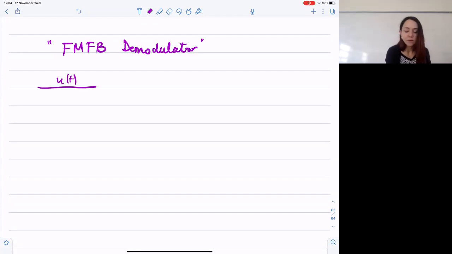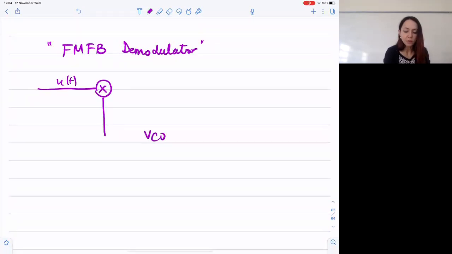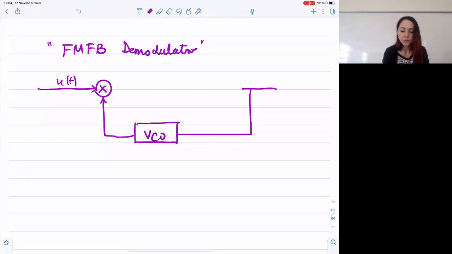The way this one is designed, again, there's a VCO in the feedback loop, which takes the output signal, just like the previous system, which is v of t, ideally proportional to m of t. The VCO result is mixed with the incoming waveform and then passed through a bandpass filter.